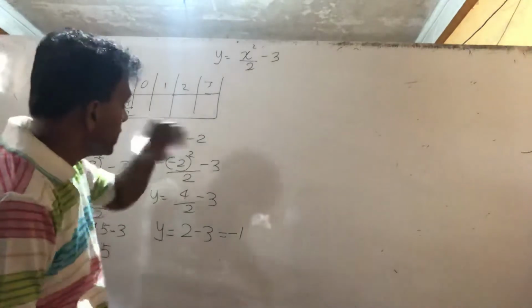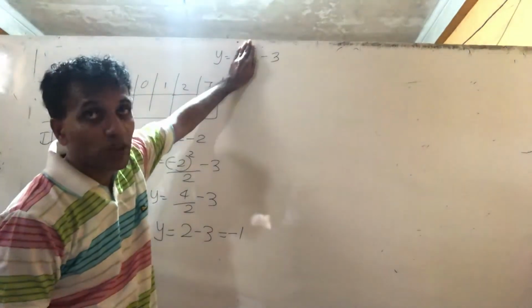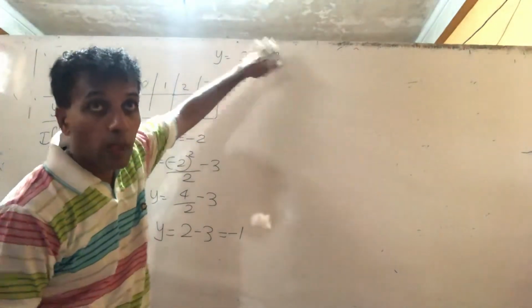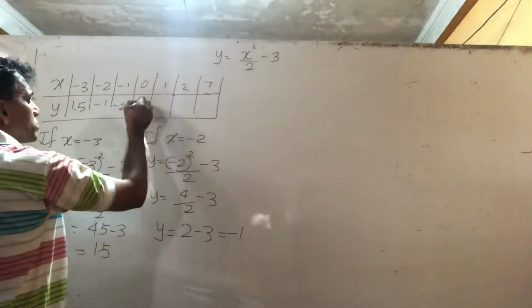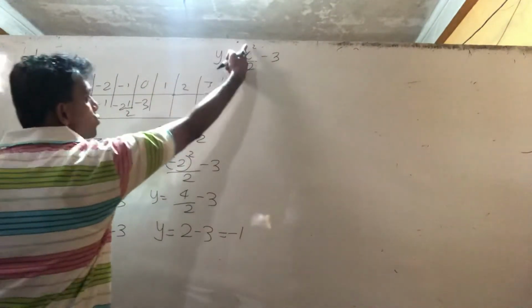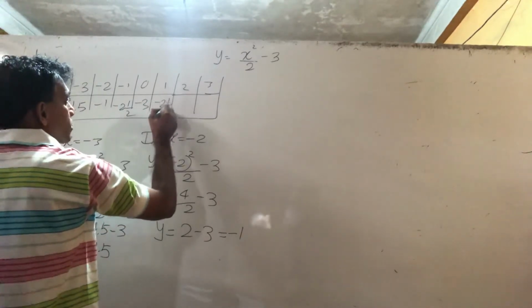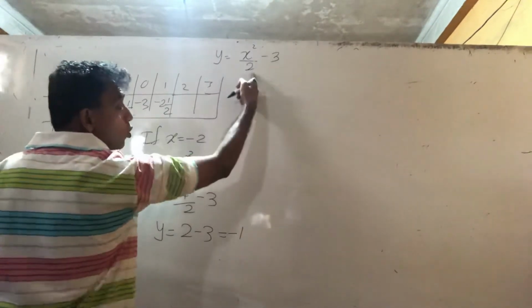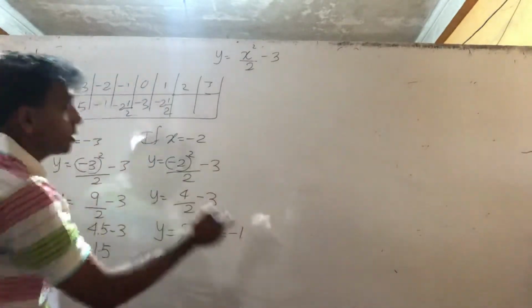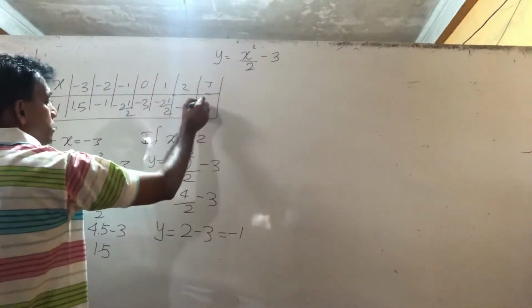If x is 0, everything is 0 here, and this part is 0, minus 3. If x is 1, half minus 3, minus 2 and a half. If x is 2, 4 over 2 is 2, minus 3, minus 1.